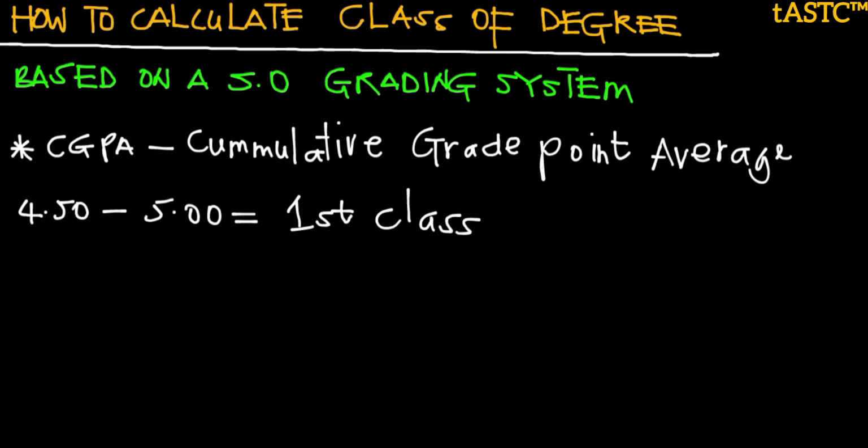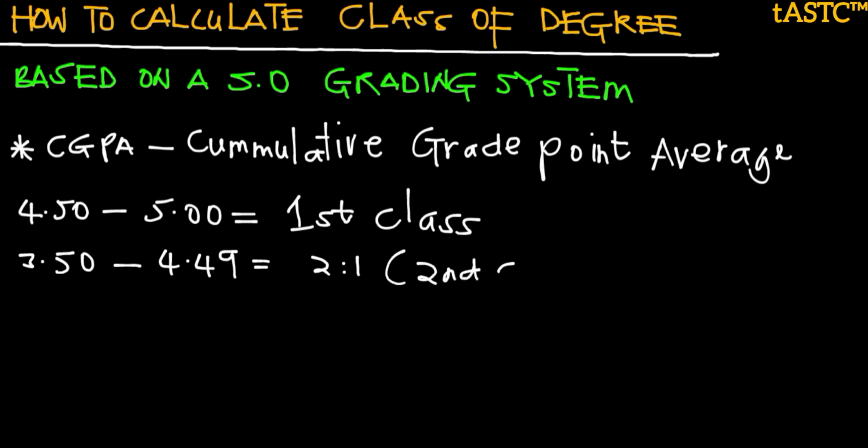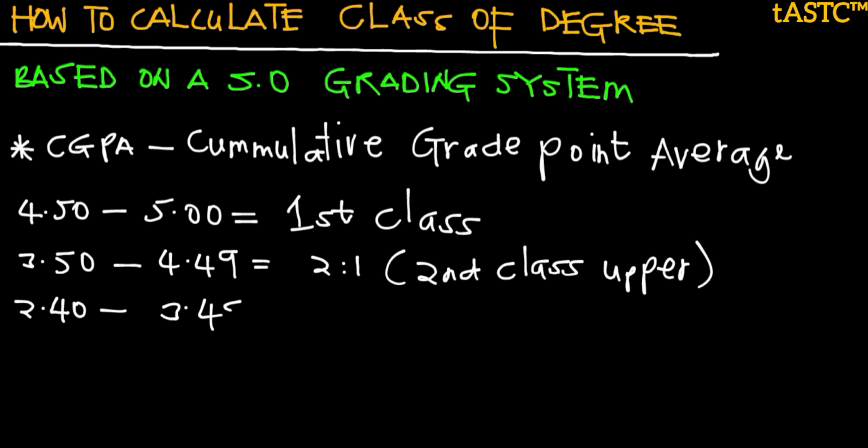If you had a 3.50 to a 4.49, that is going to be a 2-1, or a second class upper. And if you had any score between the range from 2.40 to 3.49, that is going to be 2-2, which is a second class lower.